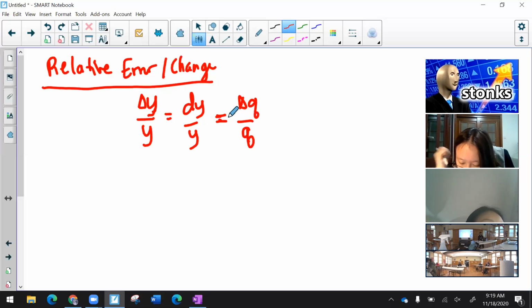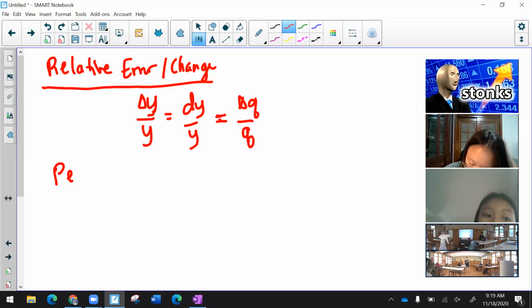If I'm hiking, and I'm already up at 1,000 feet above sea level, it's another 5 feet. If I'm down at sea level, 5 feet might mean a lot more. So it's relative, which is why it's called relative error or relative change.